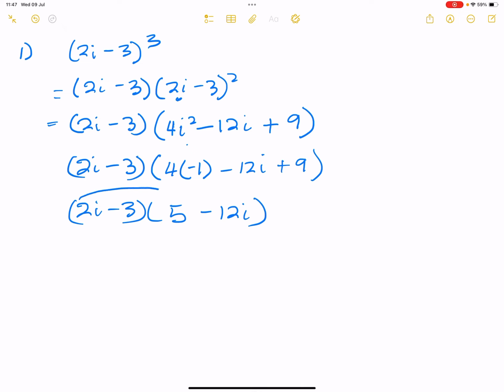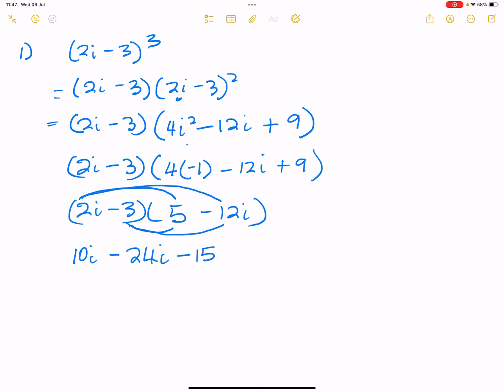So let's start. This is going to be 2i times 5, that's 10i. 2i times negative 12i, that's going to be negative 24i. We've got negative 3 times 5, that's negative 15.